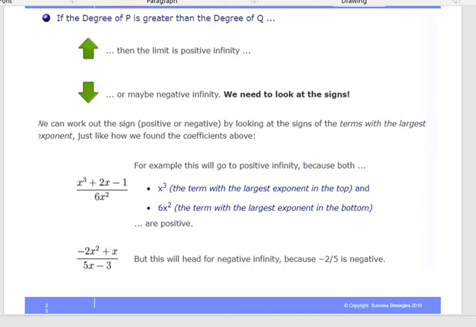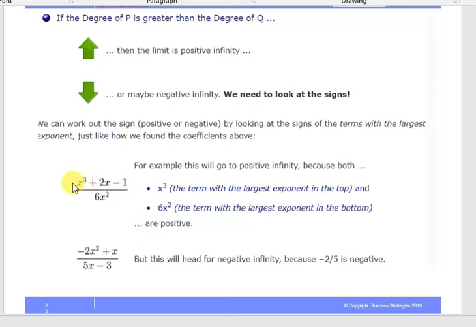But in this case, for this example, as you can see that the largest exponent on the top is minus 2x square and in the bottom it is 5x square. So again, here the limit will be minus 2 by 5. Now, remember this, whenever the degrees are equal, it is very easy to find the limit.